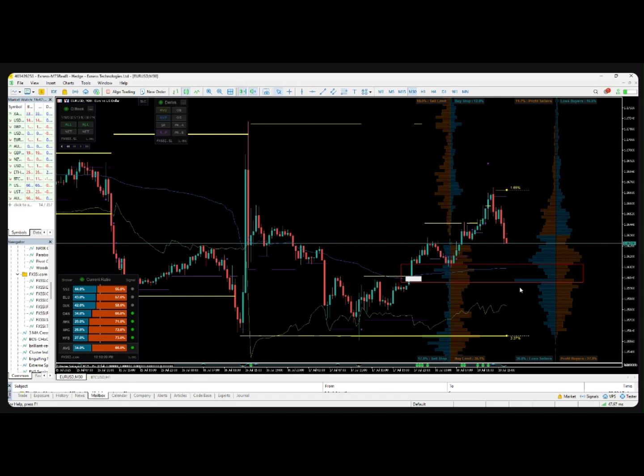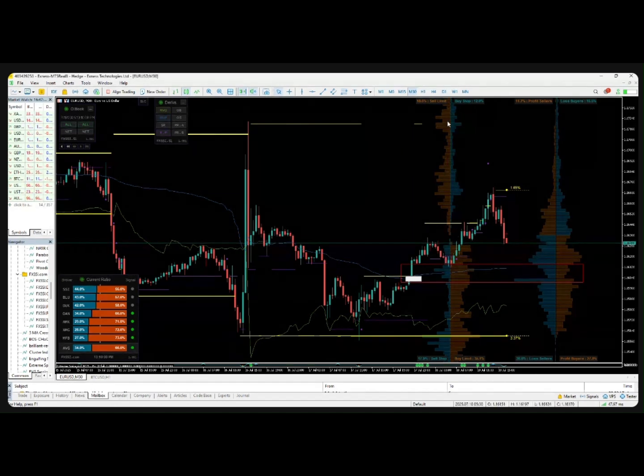Okay. So this is the order book, and these are loss buyers, profit buyers, loss sellers, and buy limit orders. So the only logic we have to say is: if you see any huge buy stop orders somewhere around here, or buy limit orders somewhere down here, wait for any bearish fair value gap.